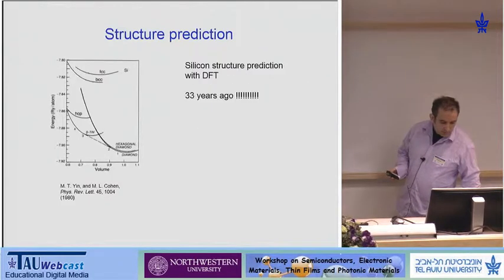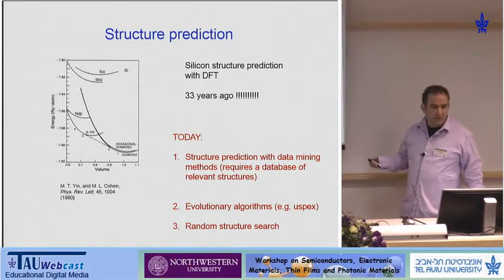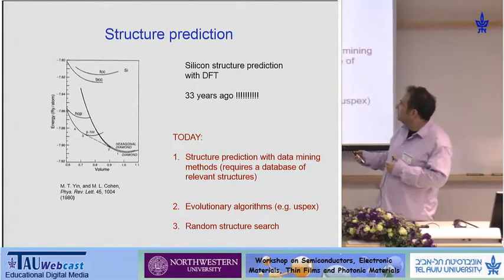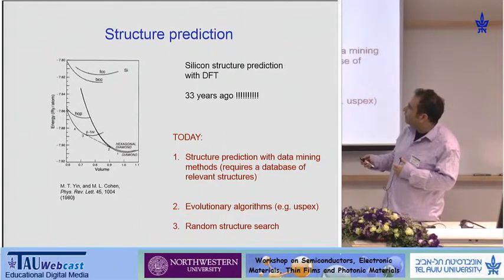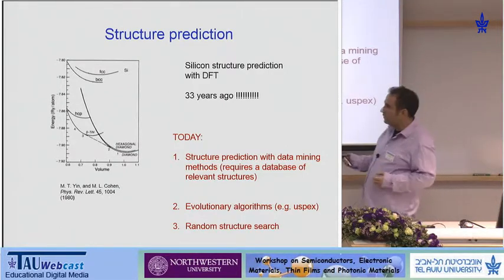And so Osvaldo already showed in the morning structure comparison. And this is a known graph for silicon, where they compared different hypothetical structures by theory and found that silicon gets the lowest structure.